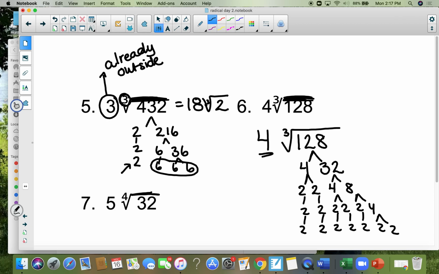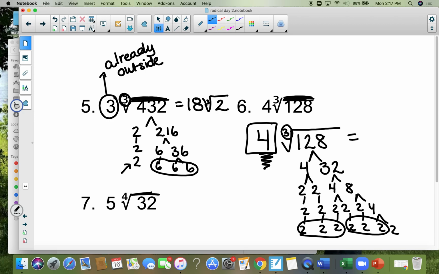Notice who's already outside. There is already a 4 outside. You're looking for 3's or trios, so you're going to be circling 3's. So I'm going to circle a group of 3, and I'm also going to circle a group of 3. So 4 is already out there, and I'm going to bring a group of 2 out and a group of 2 out.